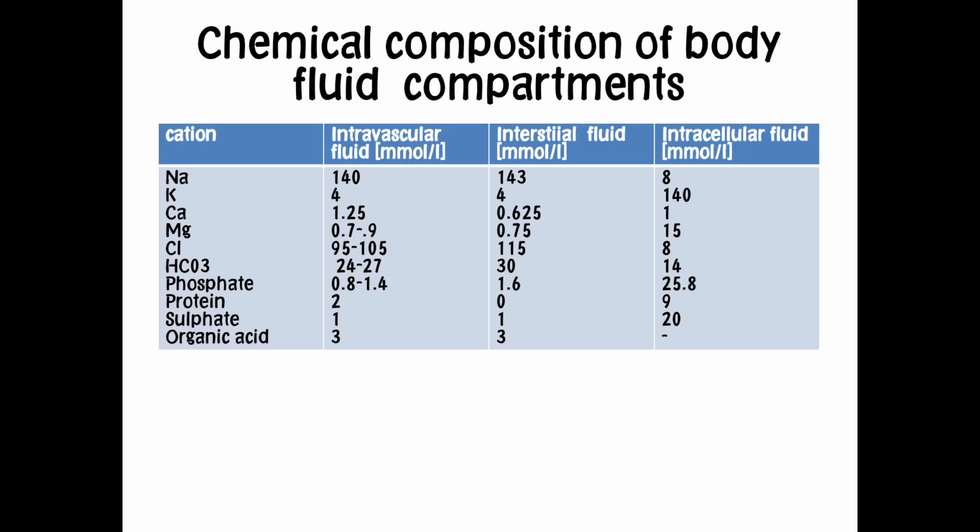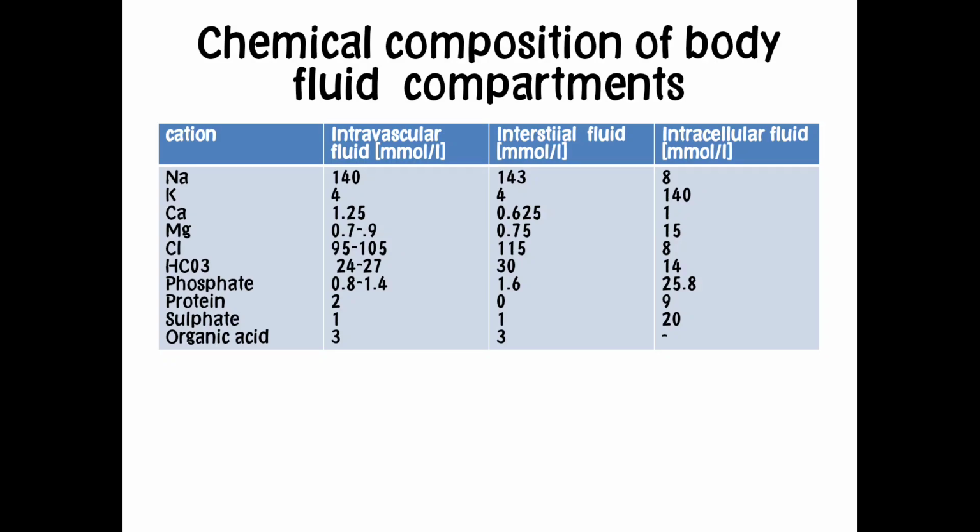So it should be further noted that the interstitial fluid, which is the extracellular fluid, is composed of 143, as you can see, 143 millimoles of sodium compared to the intracellular compartment, which has only 8.